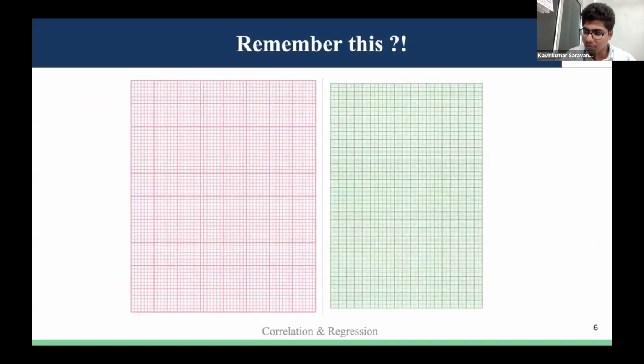Remember these figures from long ago, 10 years, 20 years back from now, in our 10th and 12th standard days. They used to give some 10 numbers in two columns. We used to do the plotting of these things and we used to derive some graph out of it. Yes. So that is the idea we are going to exploit right now.